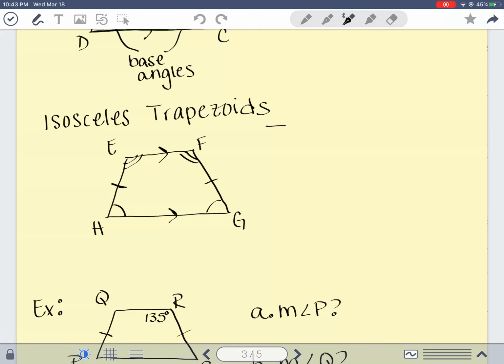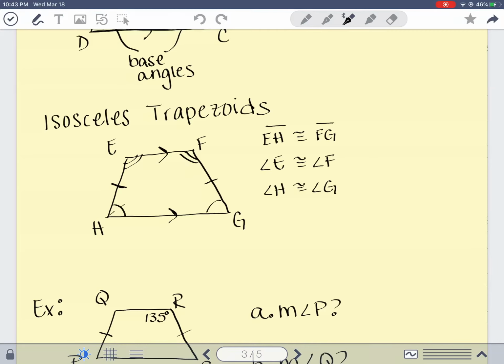So we have segment EH is congruent to segment FG, and then we have angle E is congruent to angle F, and angle H is congruent to angle G. These are specifically in isosceles trapezoids.